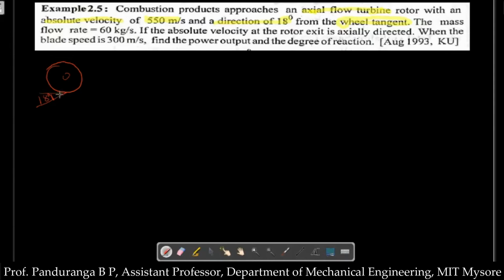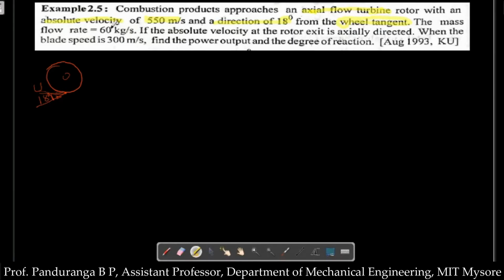This is the tangential direction and that is entering at an angle of 18 degree. So this is taken as the reference direction, that is the tangential direction is the direction of u, and the absolute velocity of the stream is at an angle of 18 degree, which means that it is alpha 1.